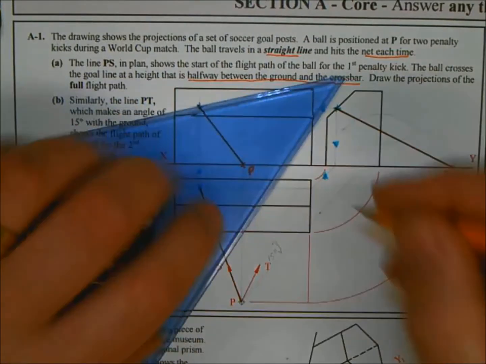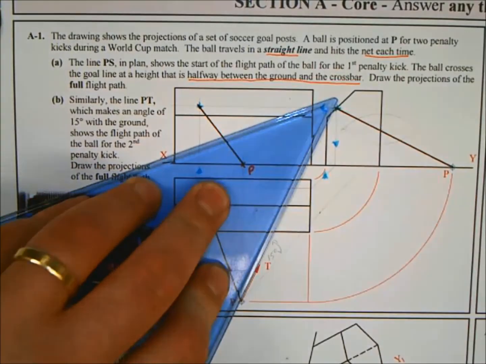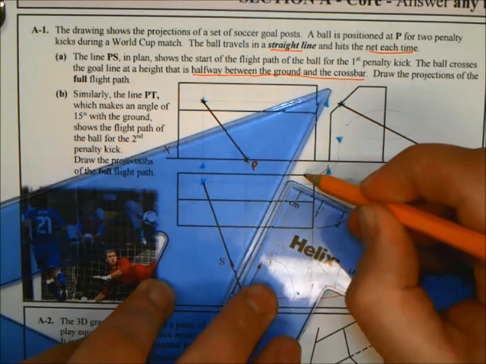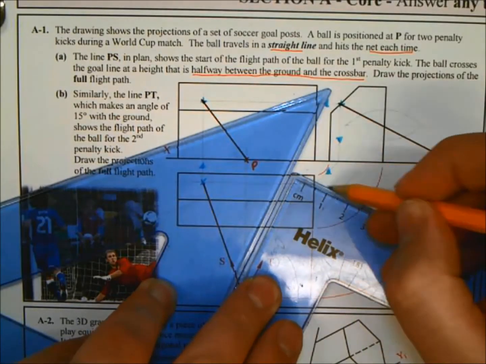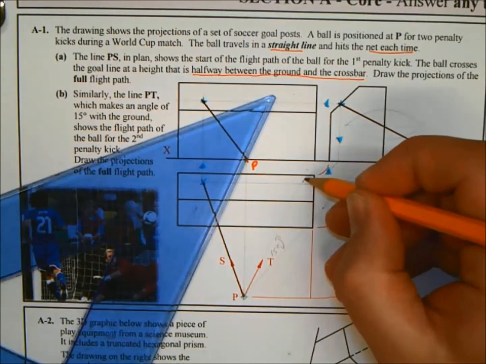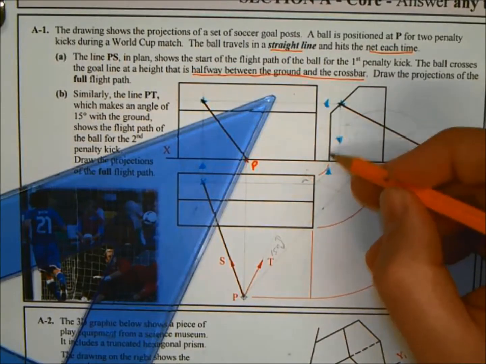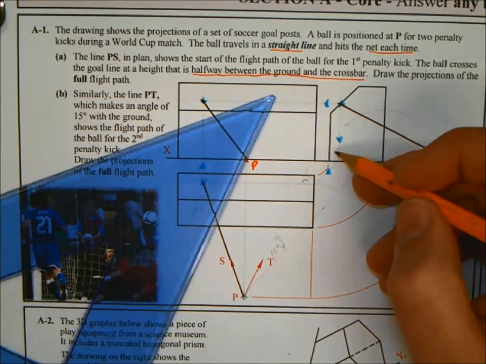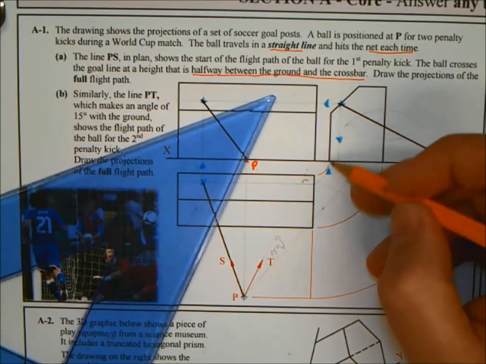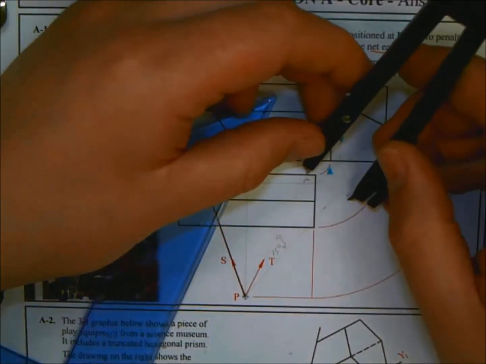So if I'm saying that's where it hits the back of the net, if I get 90 degrees to that, that's my height there. This is 90 degrees to that line there. So this height from here to here, if I step that up onto the actual elevation or end view here, I'll be given the height of where the ball actually hits the net.